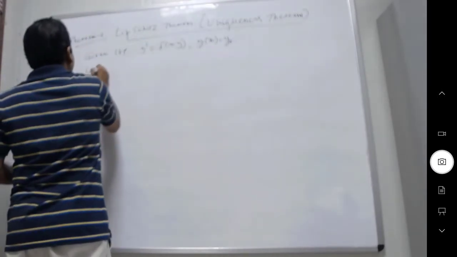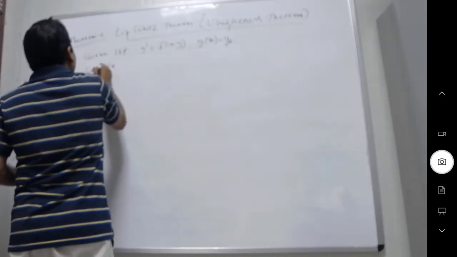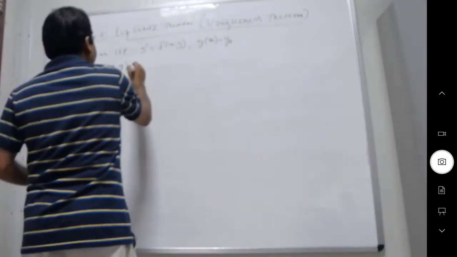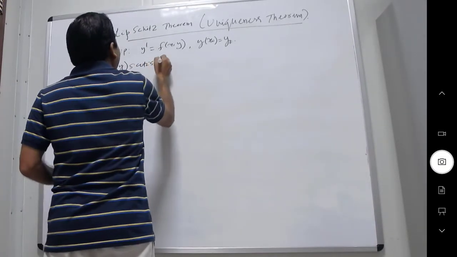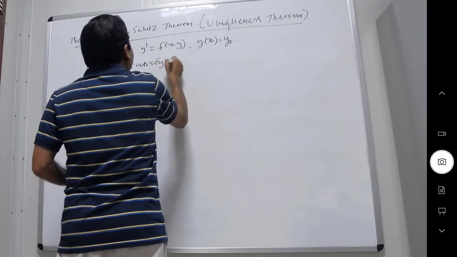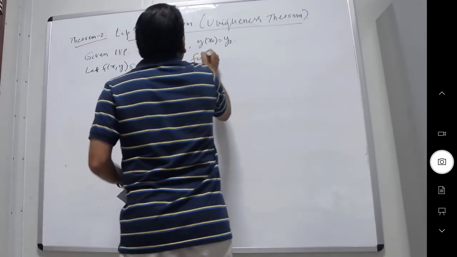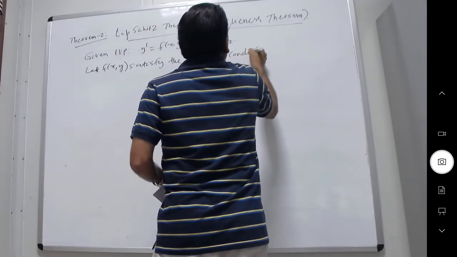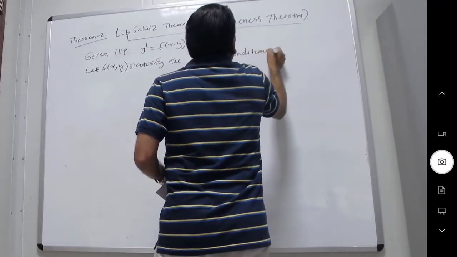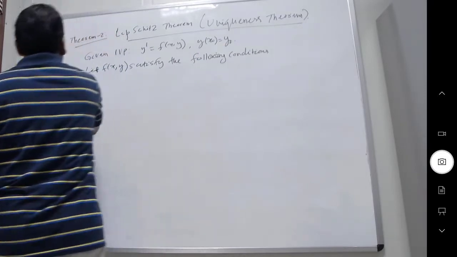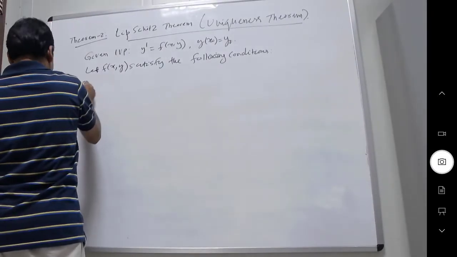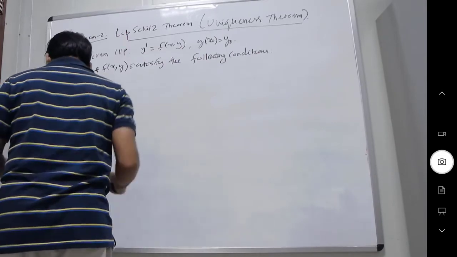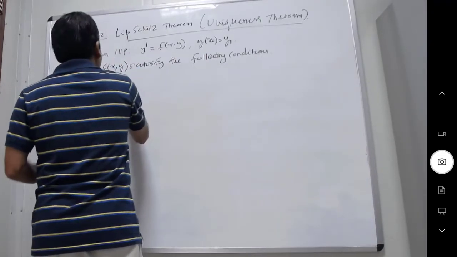Let f of x comma y satisfy the following conditions. So that is also given. What are the conditions? Two conditions you must have. First, the existence condition, which is that f of x comma y is continuous.